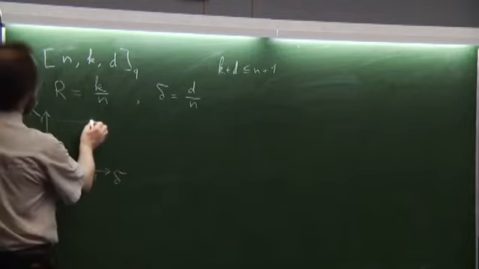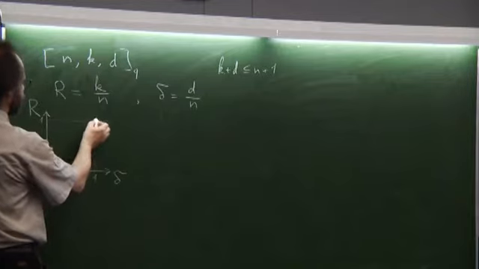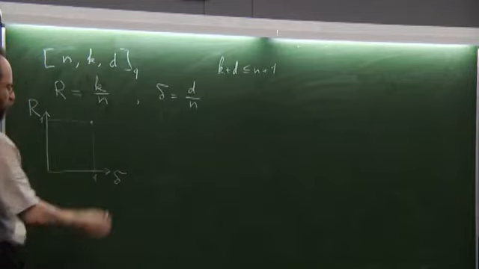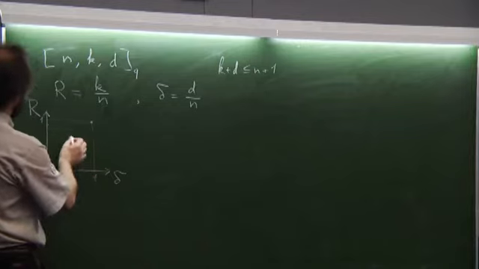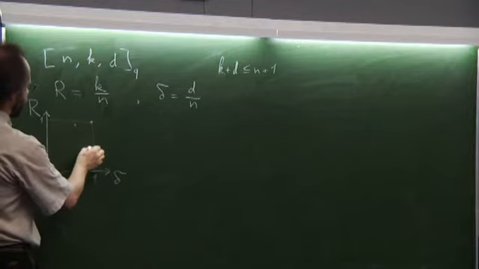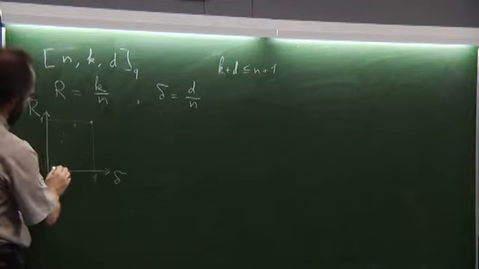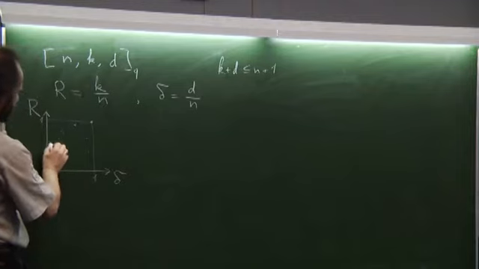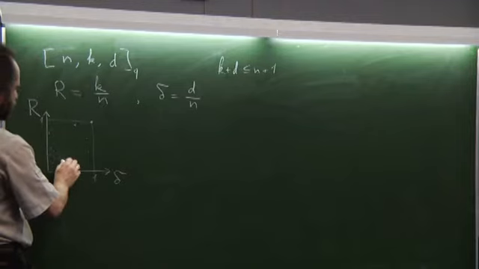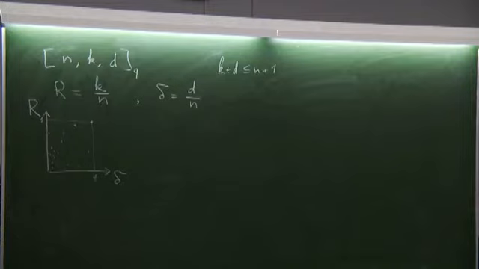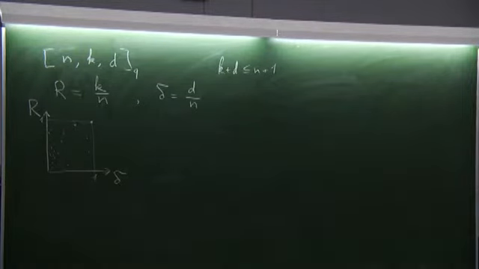Then for each code you put a point. So there are a few points here. This is 1, 1, 1 code. Then there are some points here, and there are many points that are bad. Now you take the limit points of this set. This is a set. So you take the limit points of this set.